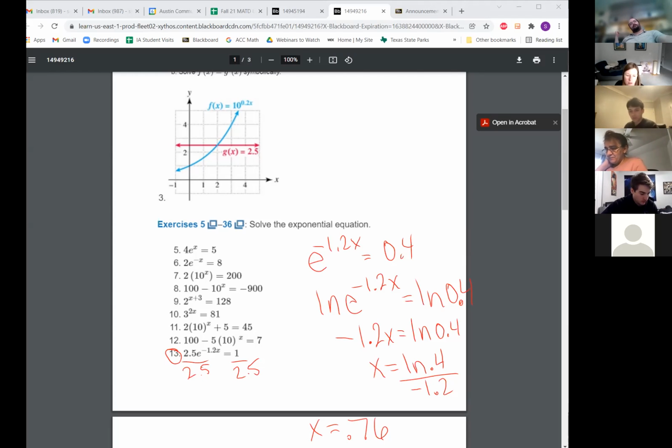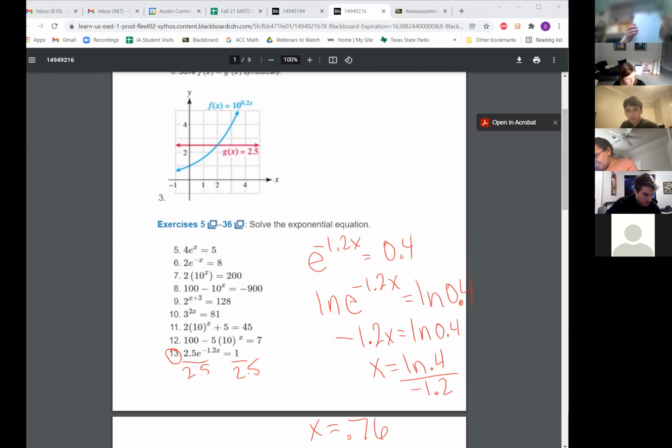I got 0.760357. Did you do the natural log of 0.4 divided by negative 1.2? Yes, that's what I did, but sometimes I have trouble finding the keys. Okay, thank you. Yep, no problem.